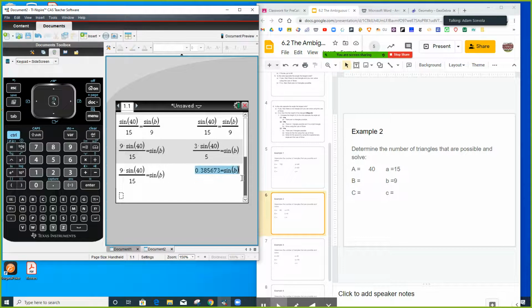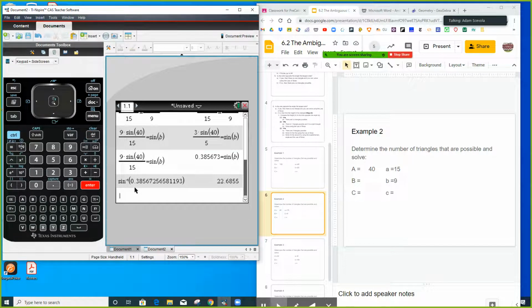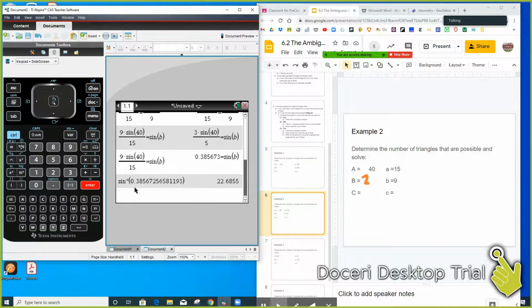Now to solve this equation, I need to do the sine inverse of that ratio. That angle is 22 degrees. Then this angle is 22.6 degrees. Then you could find angle C by doing 180 minus 40 minus 22.6. And then you could find side C by just doing the law of sines one more time.